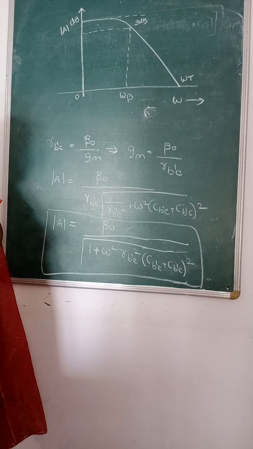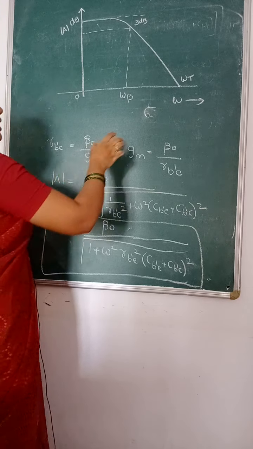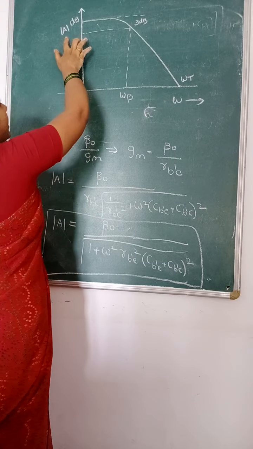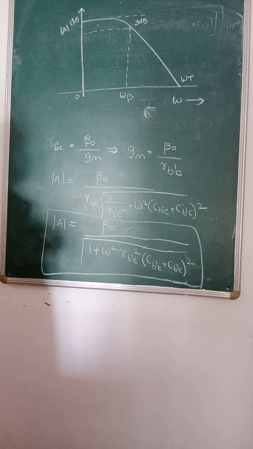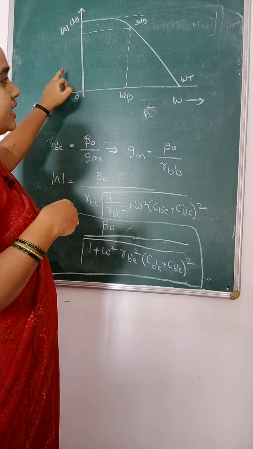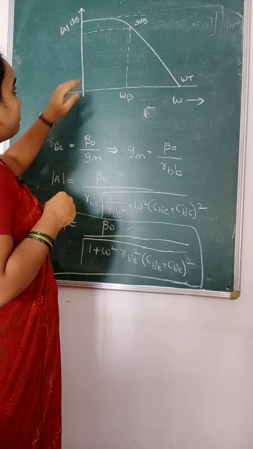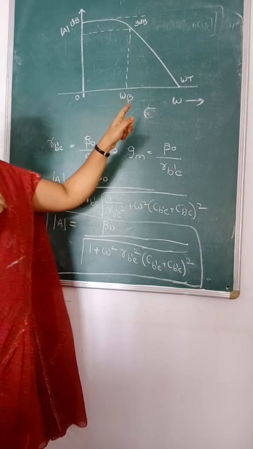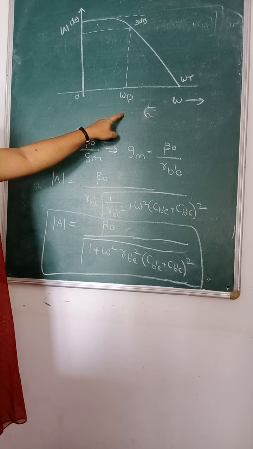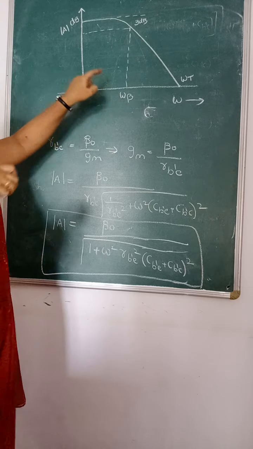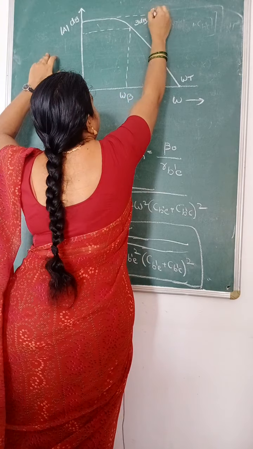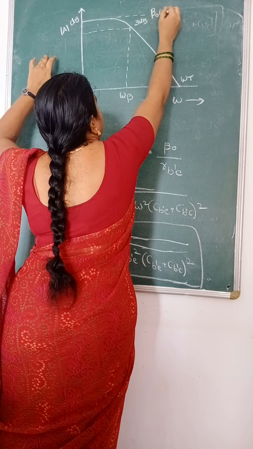Okay. So when we draw the graph between the frequency versus the gain of the short circuit gain of the transistor in CE configuration, the gain will be constant up to this value. Up to this value, the gain is maximum, that is its value is beta naught in decibels.